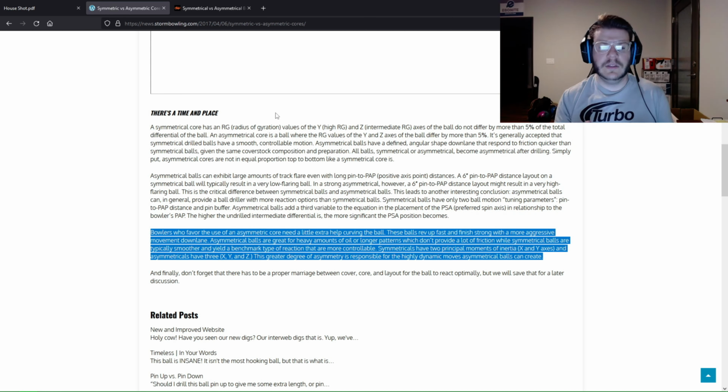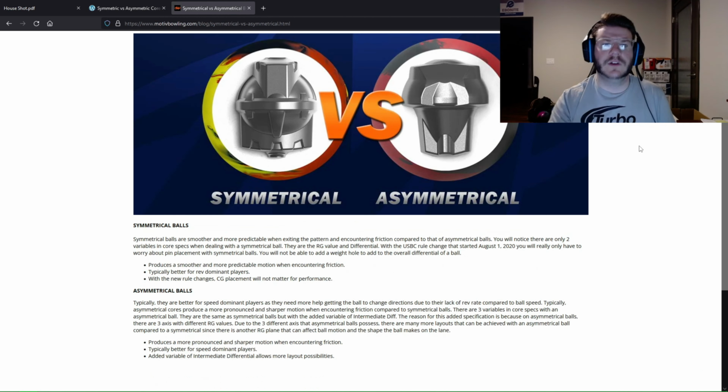So, that's a great write-up, but I don't seem to find that I agree with that based on the data that I've had. Now let's look at what another manufacturer, Motive, has to say on their website. This is on Motive's website under symmetrical versus asymmetrical. So it says symmetric balls, I'm just going to read the 3 bullet points.